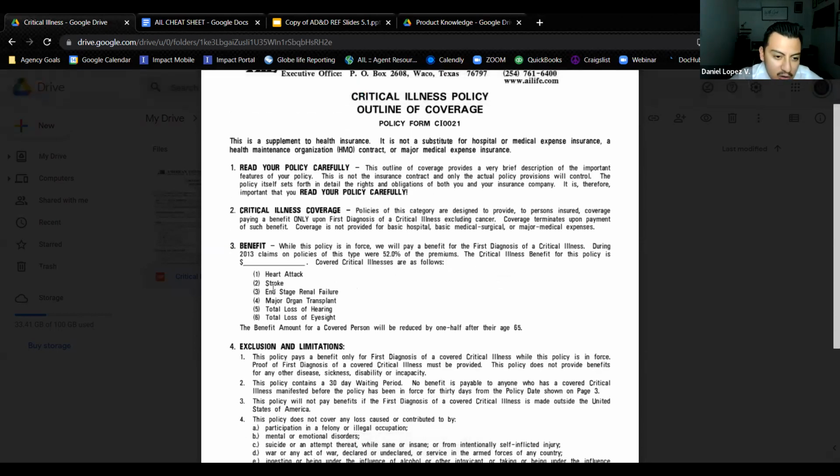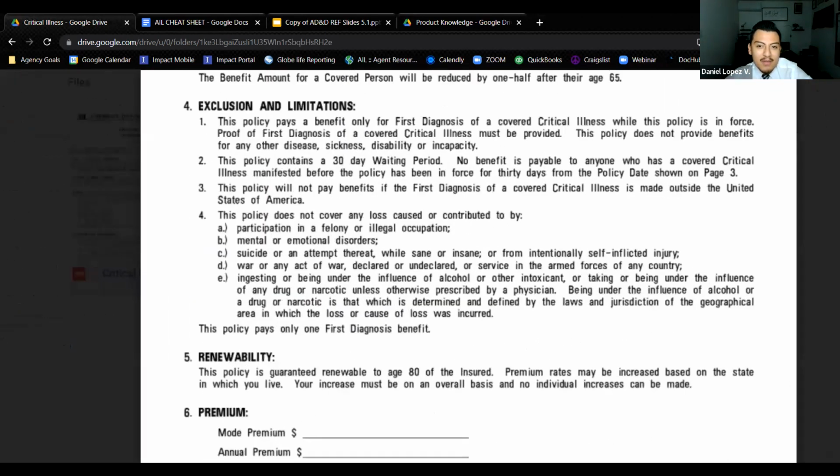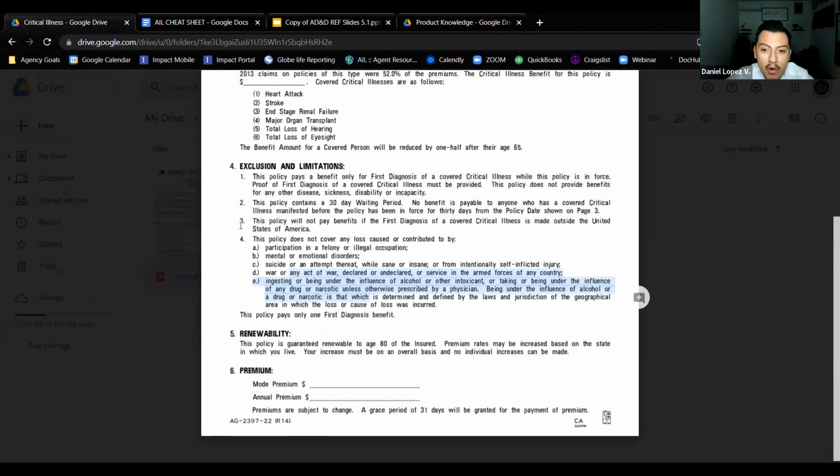So there we go. Look, stroke, heart attack, end-stage renal failure, major organ transplant, total loss of hearing, total loss of eyesight. See? Nope, it does not say why it's only for adults. Oh, it does say, which is very important for the critical illness.